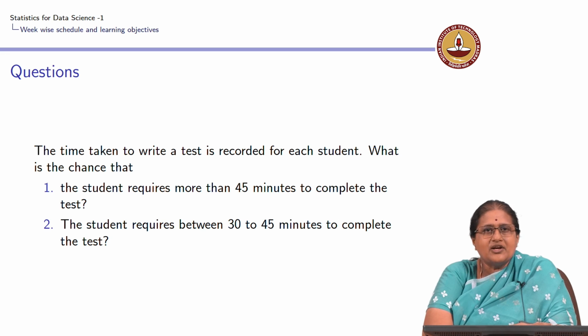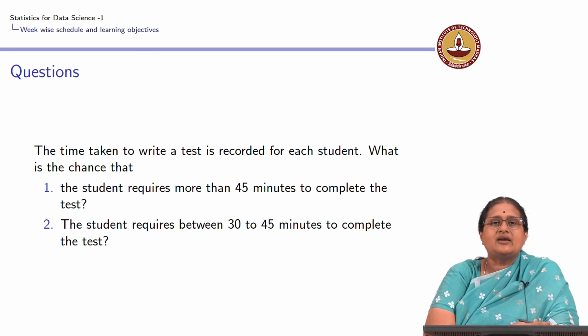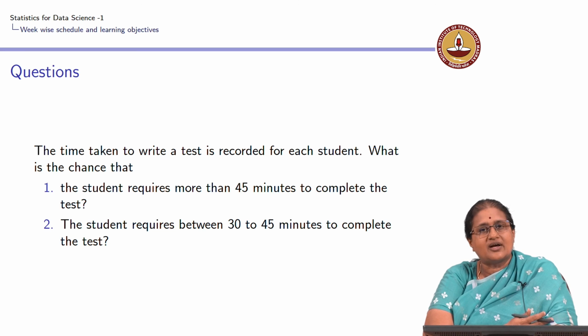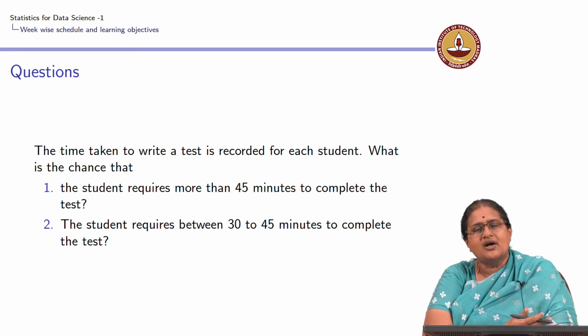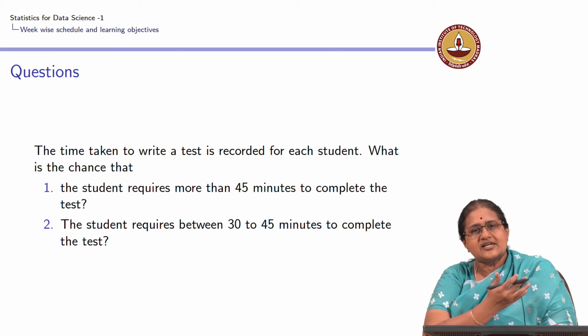Again you see that the question we are asking is about chance, and the variable of interest here is time. We notice that this time can take anything between 0 minutes, 1 minute, 1.5 minutes, 1 and 3/4 minutes. So, in a sense it is a continuous variable. So, we focus on addressing this variable.